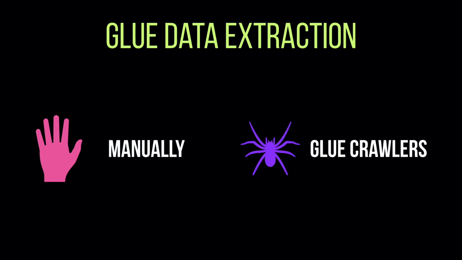So then we can rely on the second option, that is the Glue Crawler. A crawler is a program that will go through all the source data and create the table in the catalog. We can run the crawler at a regular interval and keep the metadata catalog up to date. So we will create a crawler, and this crawler will go through our data and keep our table up to date.